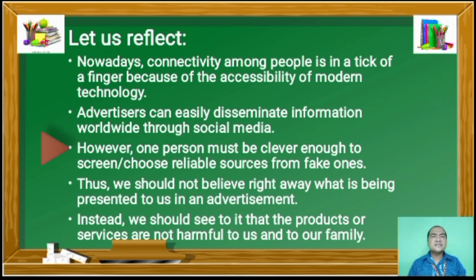However, one person must be clever enough to screen or choose reliable sources from the fake ones. Thus, we should not believe right away what is being presented to us in an advertisement. Instead, we should see to it that the products or services are not harmful to us and to our family.